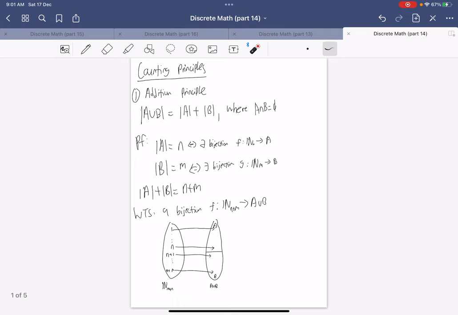And so we need to carefully create it, but in this case, it is fairly simple because if we list out the first n elements, we can just put them into A. And then the n plus 1 elements to n plus m elements, we can put them into B. And because of our assumption that A intersect B is empty, none of these elements over here will cross over also. And none of them will map into the same input.